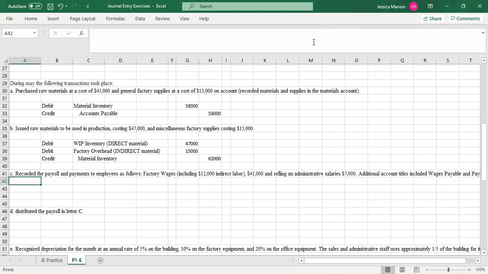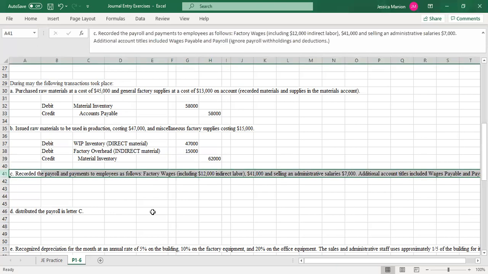So that's supposed to be 12,000 of indirect labor. Factory wages were 41,000. That included 12,000 of indirect labor. Selling and administrative salaries were 7,000. And then it says additional account titles included wages payable and payroll. Ignore payroll withholdings and deductions.